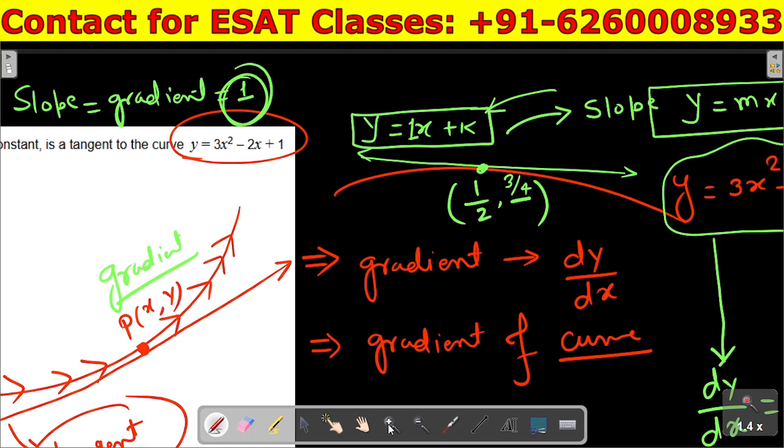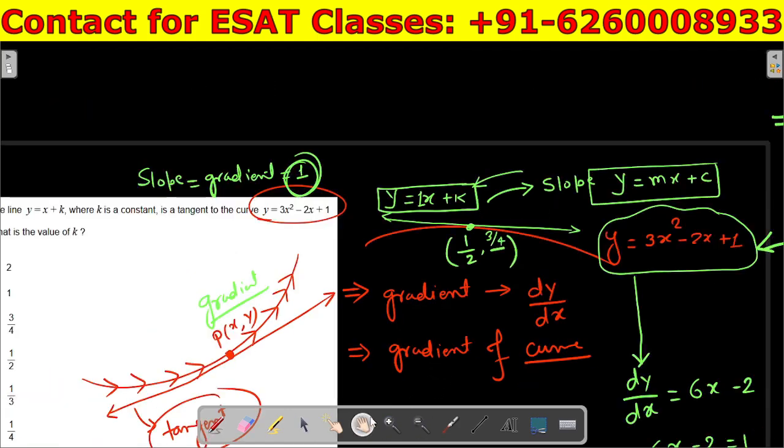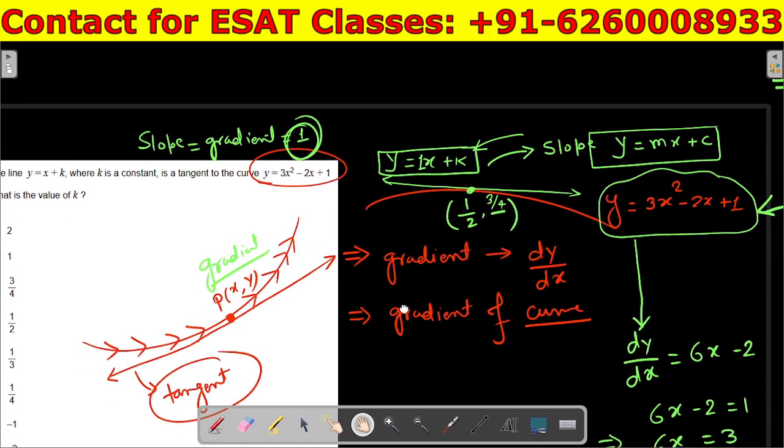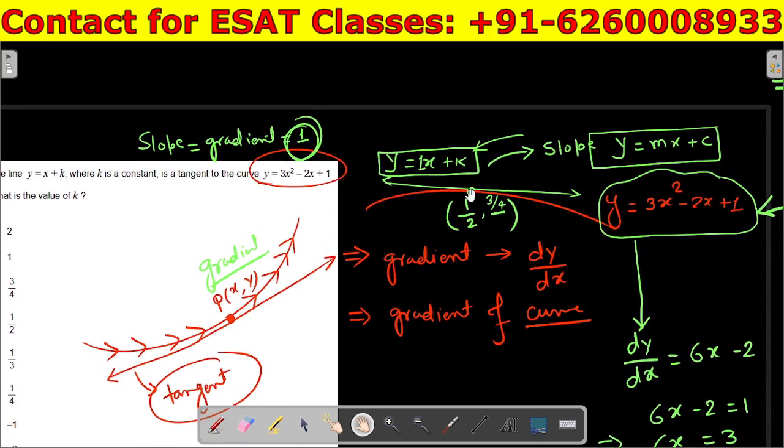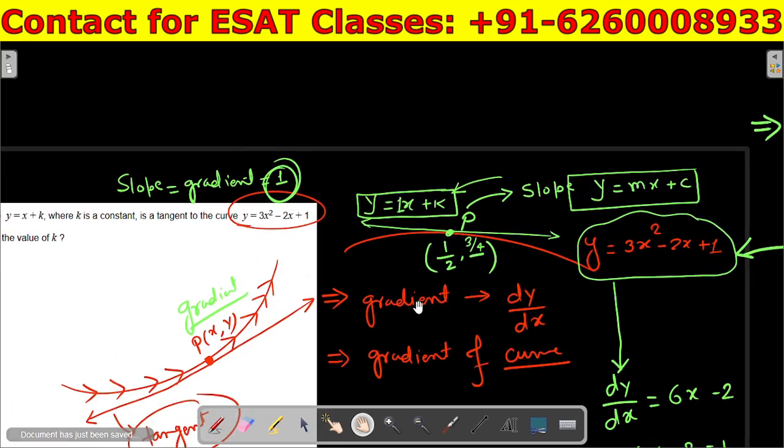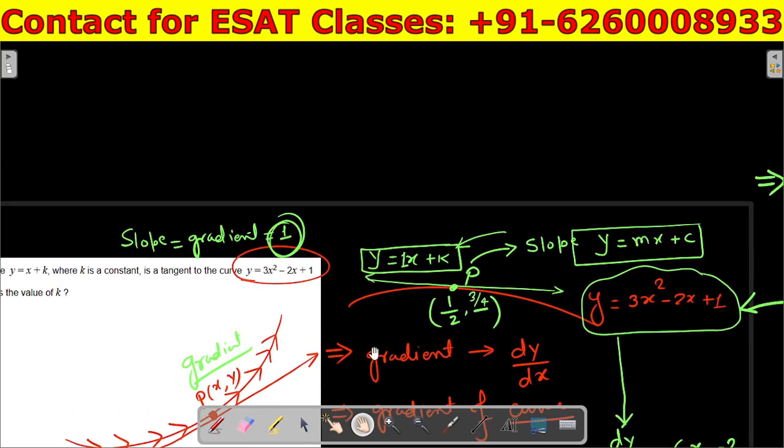So we get the point at which the gradient equals 1, and the given straight line is a tangent to the curve at that point. We can name it P. This point lies on both the curve and the tangent line, so we can satisfy this point in the straight line equation.